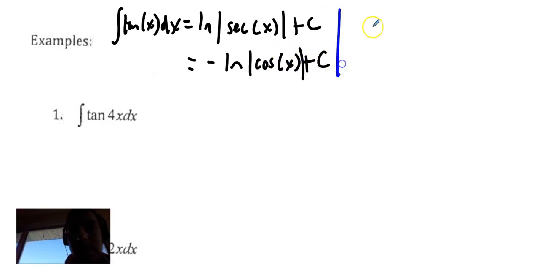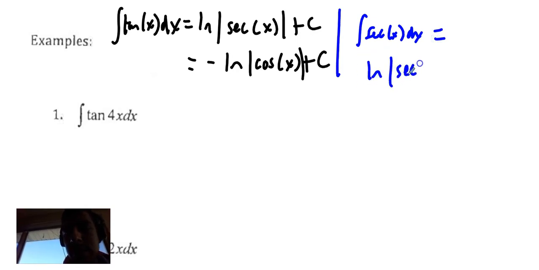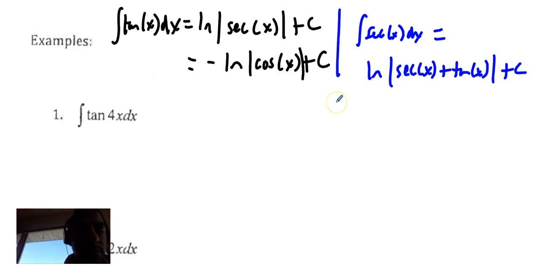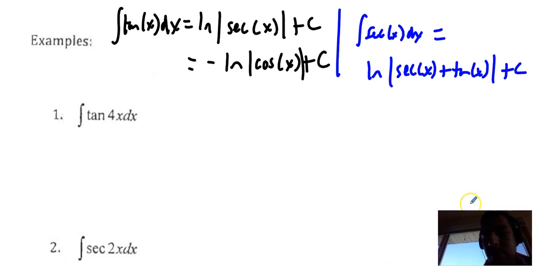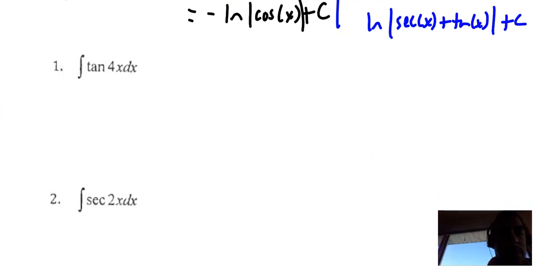I'm also going to write down that the integral of secant x, because that's going to come up on this page, is equal to natural log absolute value of secant x plus tan x plus c. It would behoove you, my class, it would be incumbent upon you to actually memorize those formulas, so you don't have to derive them each time.